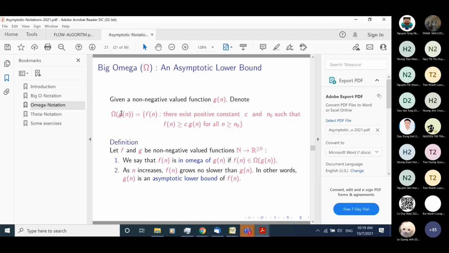Big omega of g is a set of functions f(n) whose complexity can be bound below by g(n). We can find a constant c and a value n0 such that f(n) is always greater than c g(n). All the functions f(n) that can be bound in this way belong to omega of g(n).